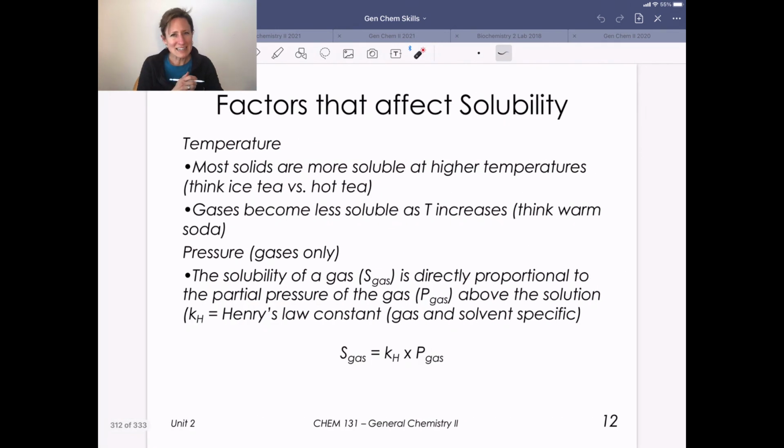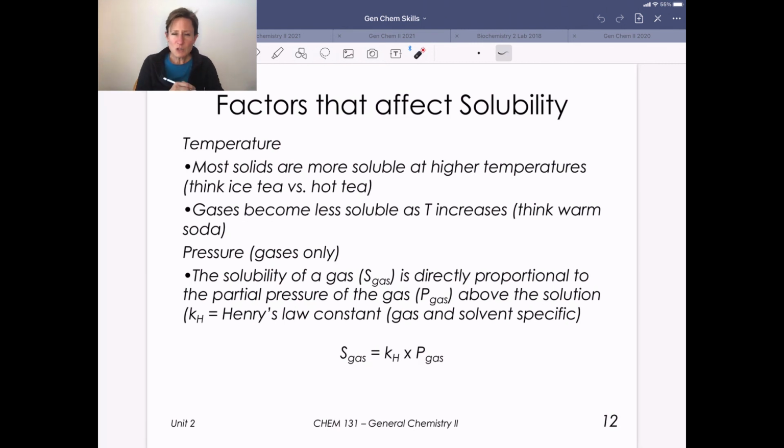All right, last thing to think about, and then there's one little qualitative piece with this first unit, is thinking about how we can affect solubility. I've already given you a primer for this. We can affect solubility with temperature. Most solids become more soluble at higher temperatures. Again, with that tea analogy, it's much easier to dissolve sugar in hot tea than in cold tea.